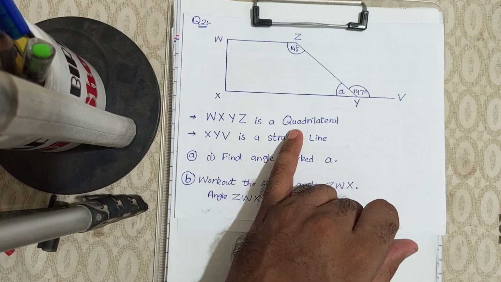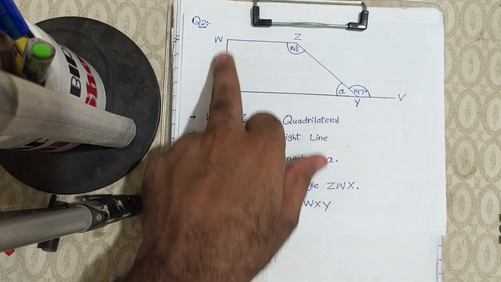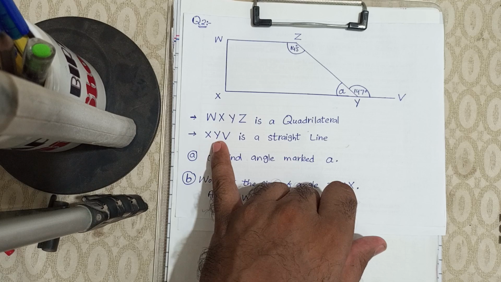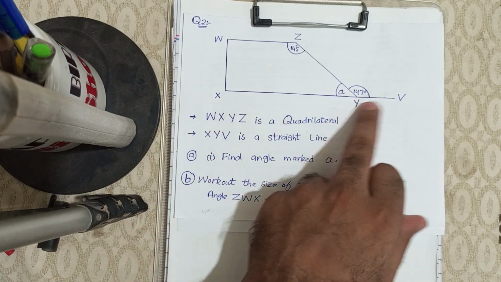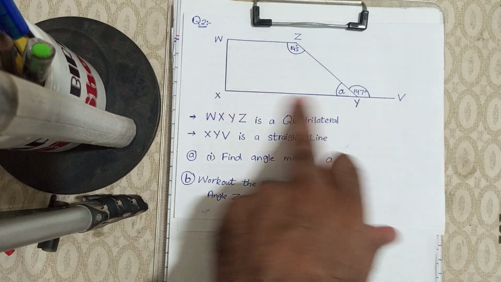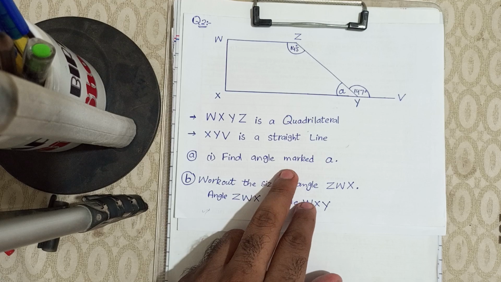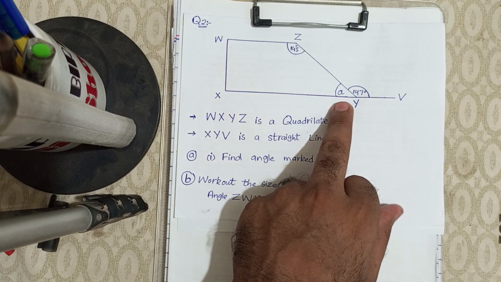WXYZ is a quadrilateral. XYV is a straight line. So we find the angle marked at A.